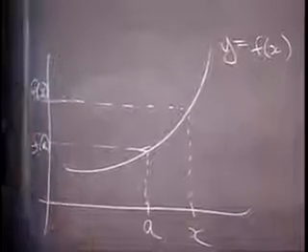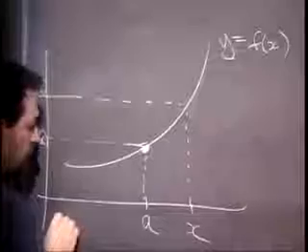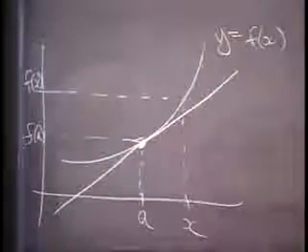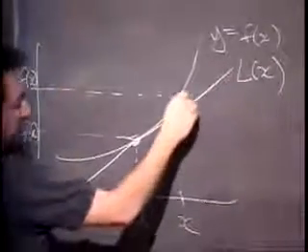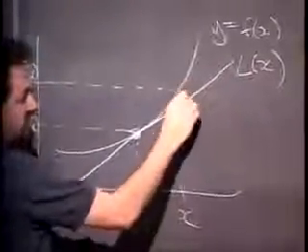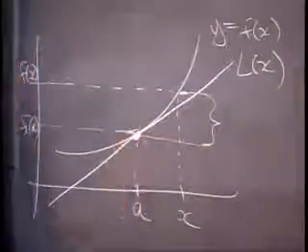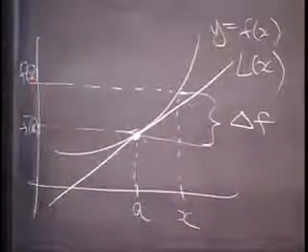Unfortunately, we do not know it, so we're going to use the tangent line through here. That's the linearization, L of x. And this quantity from the actual value to the nice value is delta f. That's the actual change in f.